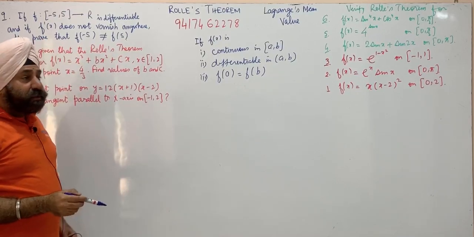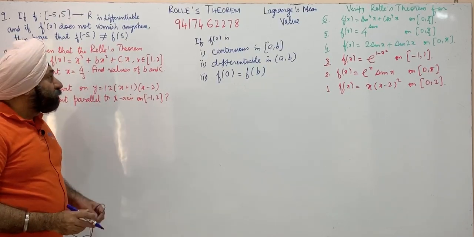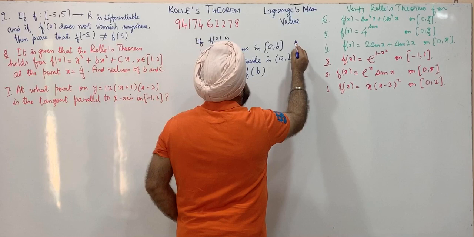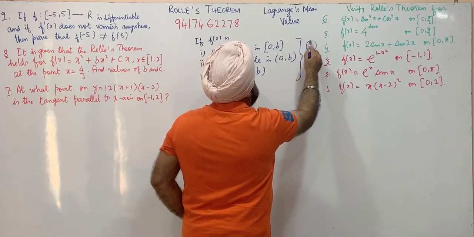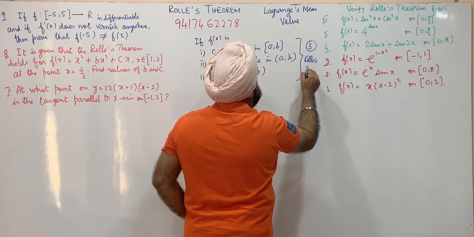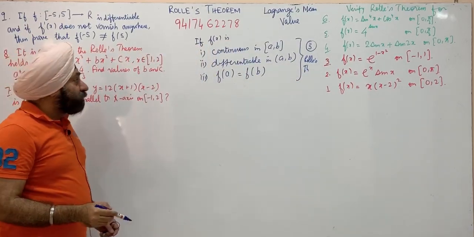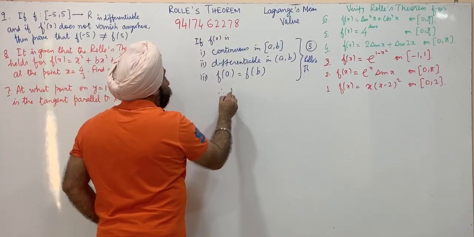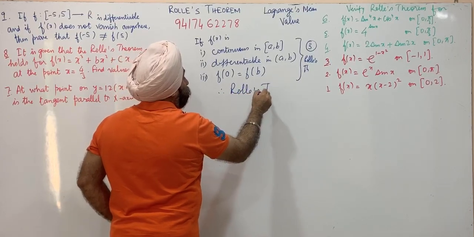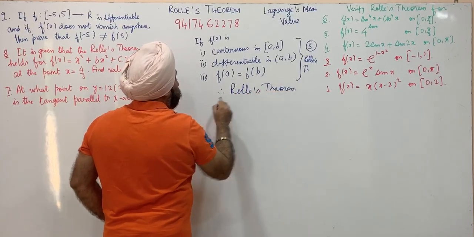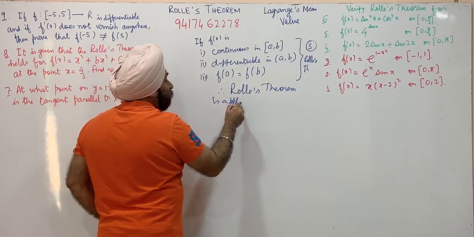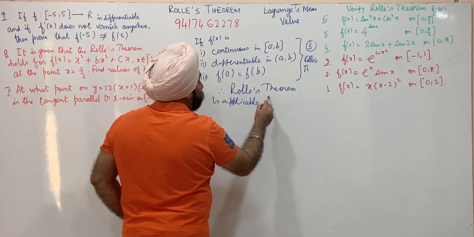If a function satisfies these three conditions, these are the three conditions of Rolle's theorem, then Rolle's theorem is applicable to f of x.